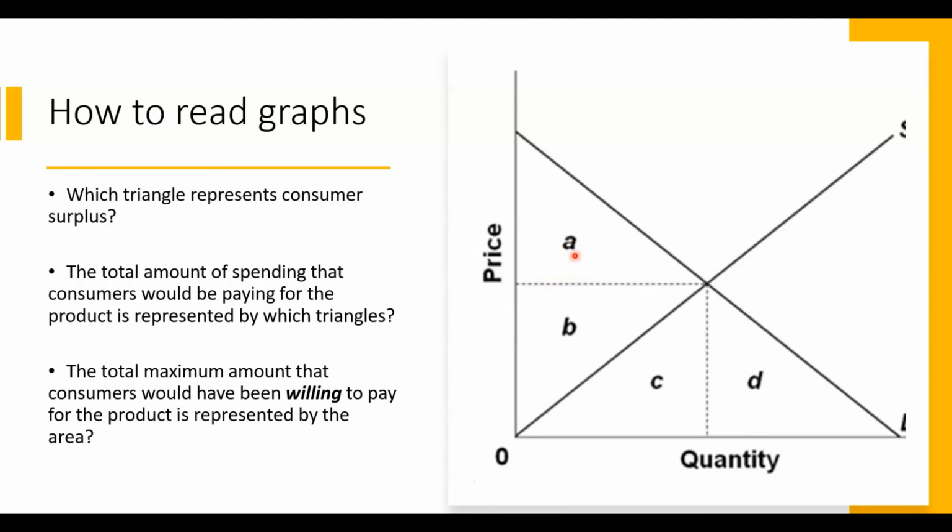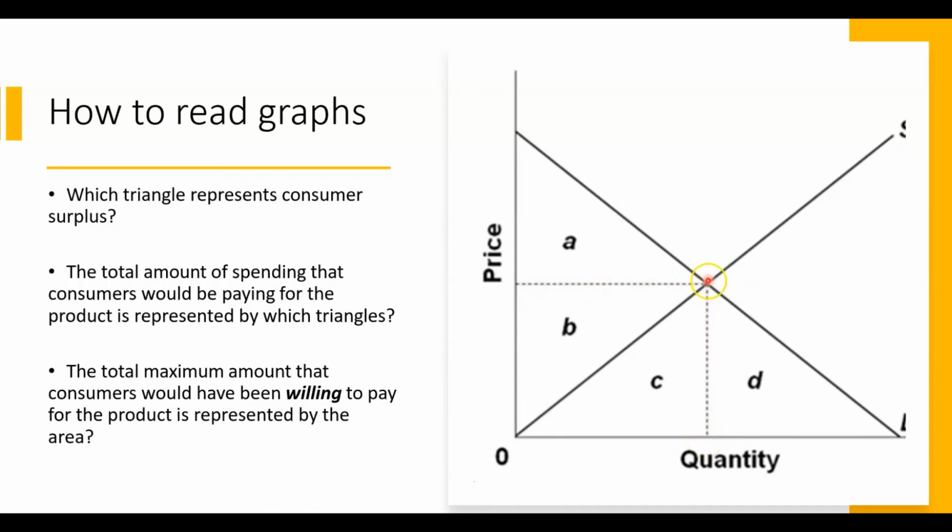The next question says, which triangle represents the amount of spending the consumers would be paying for the product? So we know that where supply equals demand, that is going to set our equilibrium price. And where supply equals demand, that sets the equilibrium quantity.